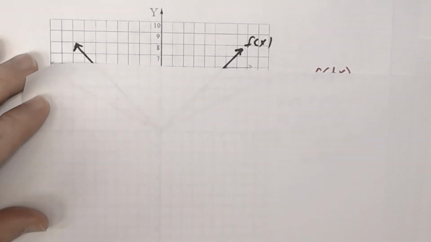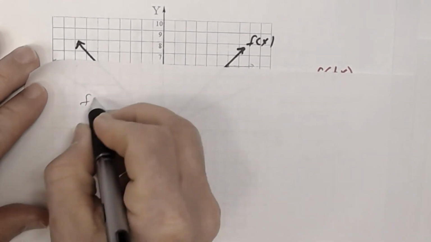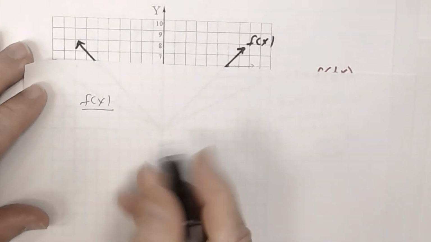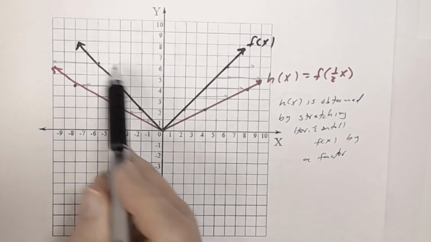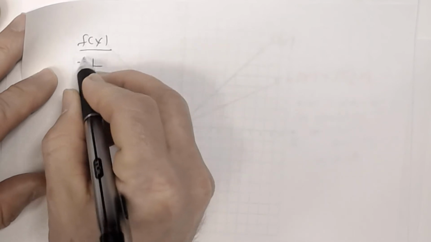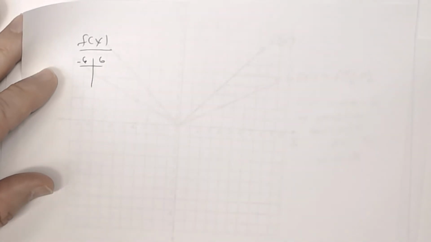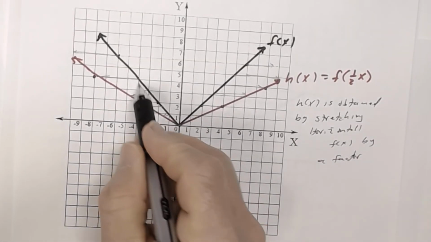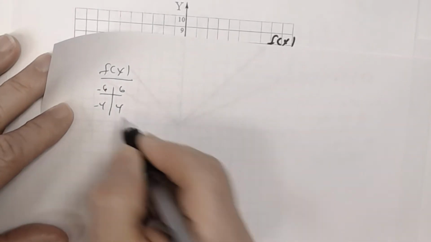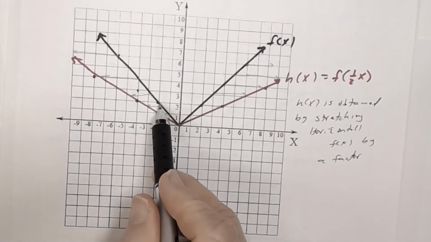So we have f of x, and on f of x, I'm going to use certain points. So we have negative 6, 6. Negative 4, 4. Negative 2, 2.